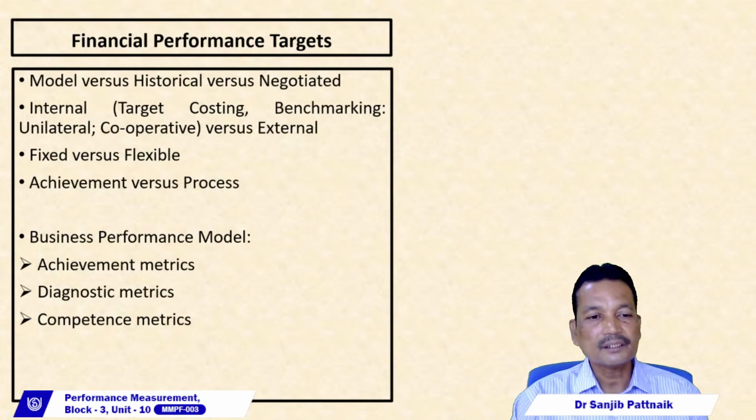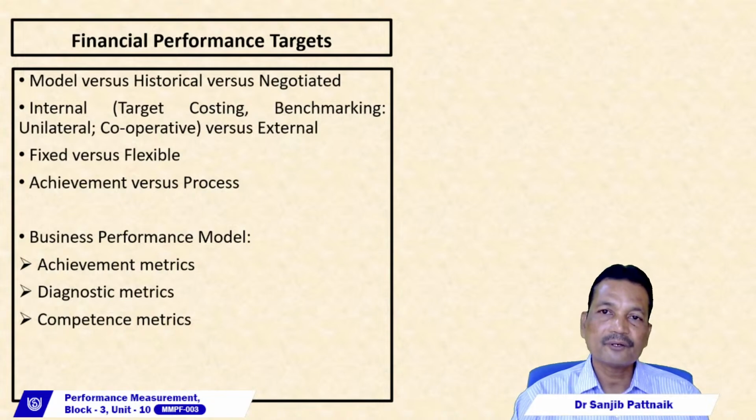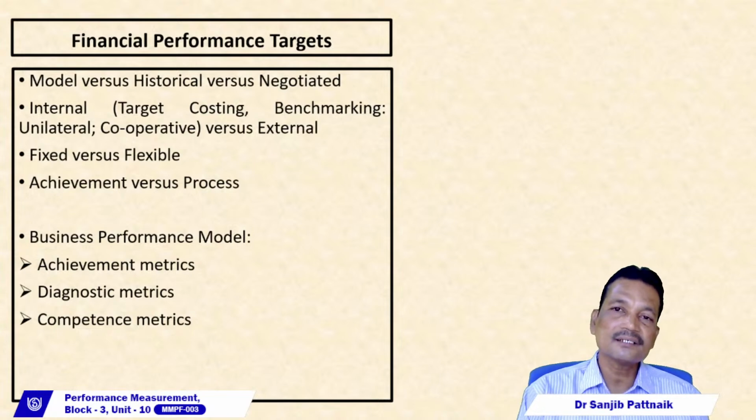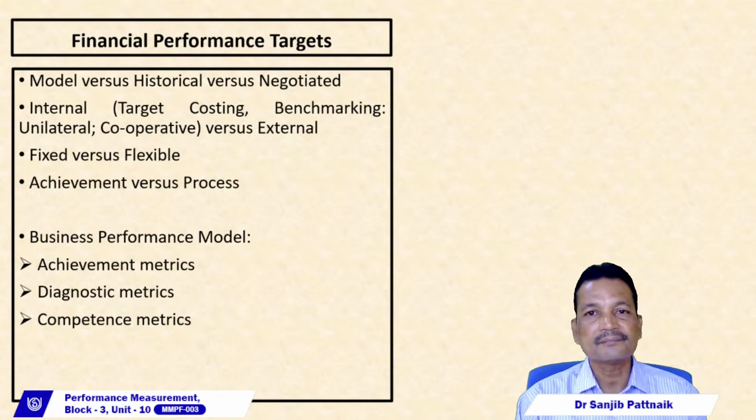When we are talking of achievement metrics, we set the performance targets for a given future period and try to achieve that, either from a single division or a single organization, or an organization having multiple divisions.